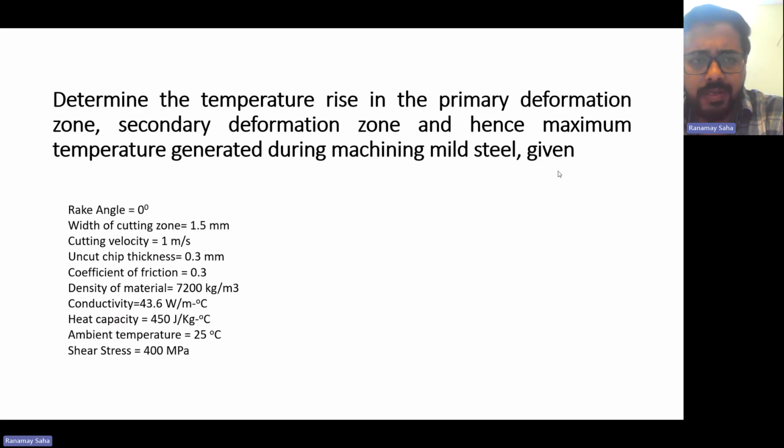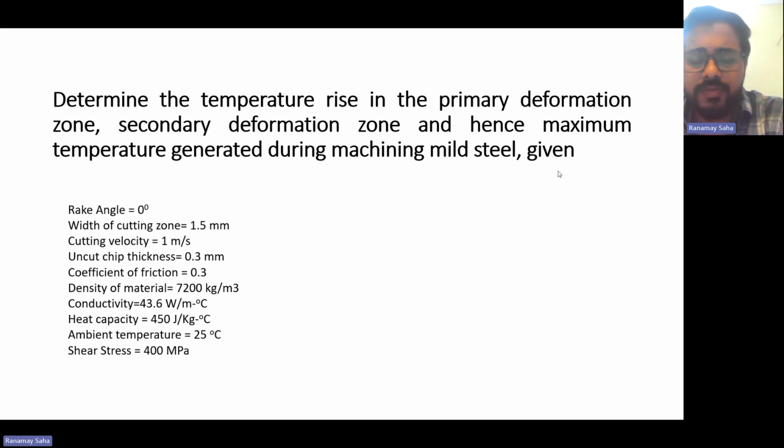I hope you are already aware of the different deformation zones that are prominent during machining. The heat generation during machining is mainly because of plastic deformation, right? So there are three different deformation zones, the primary, the secondary, and the tertiary, depending upon whether the interaction is with chip, workpiece, or tool.